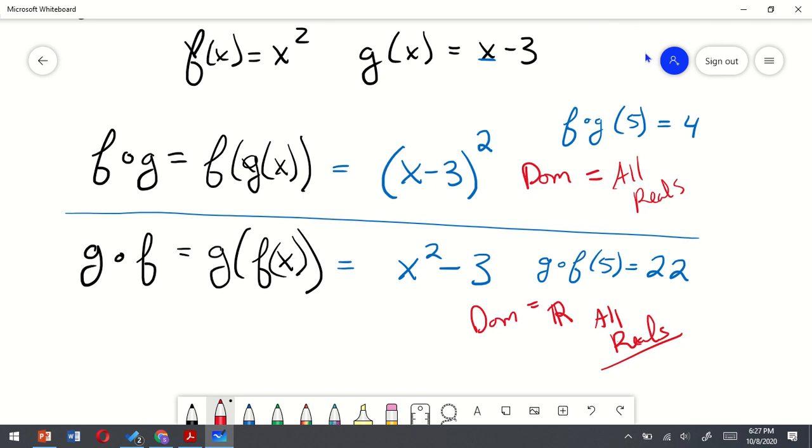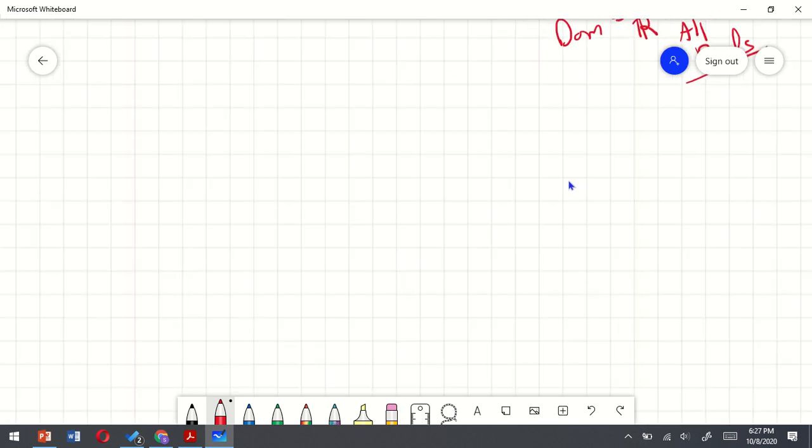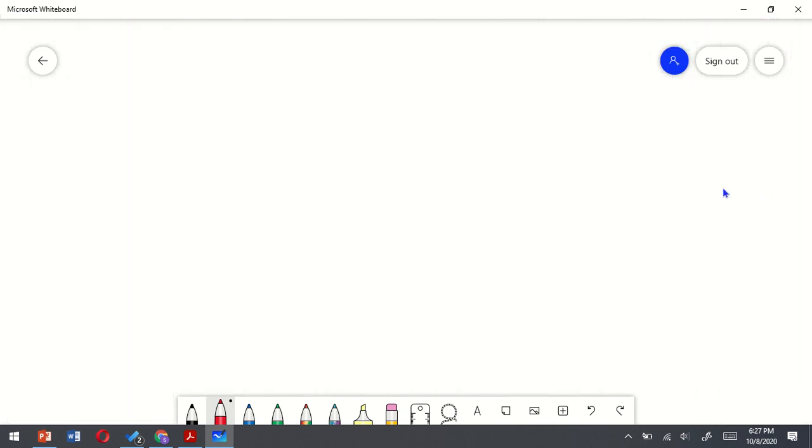All right, so let's take a look at something with a little more going on. How about the compositions in example 4? So in example 4, f of x is the square root of x, g of x is the square root of 2 minus x.